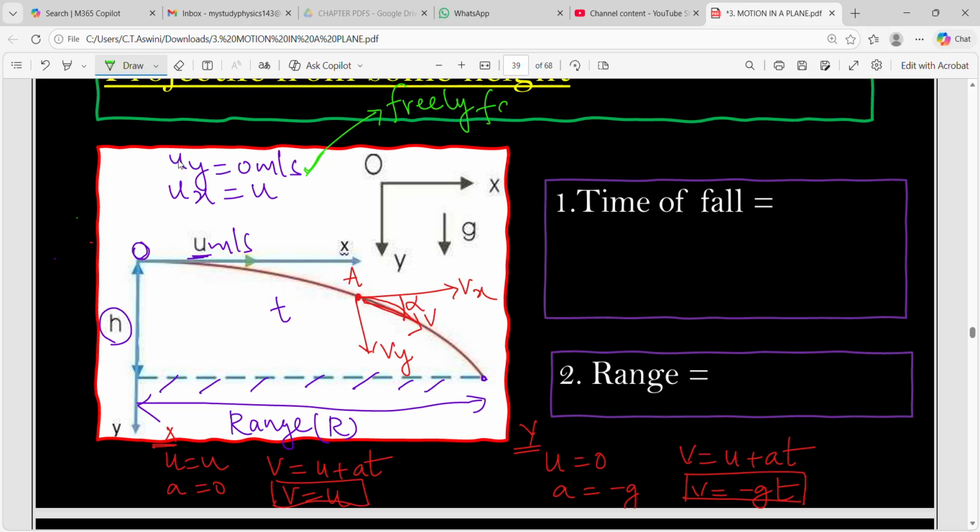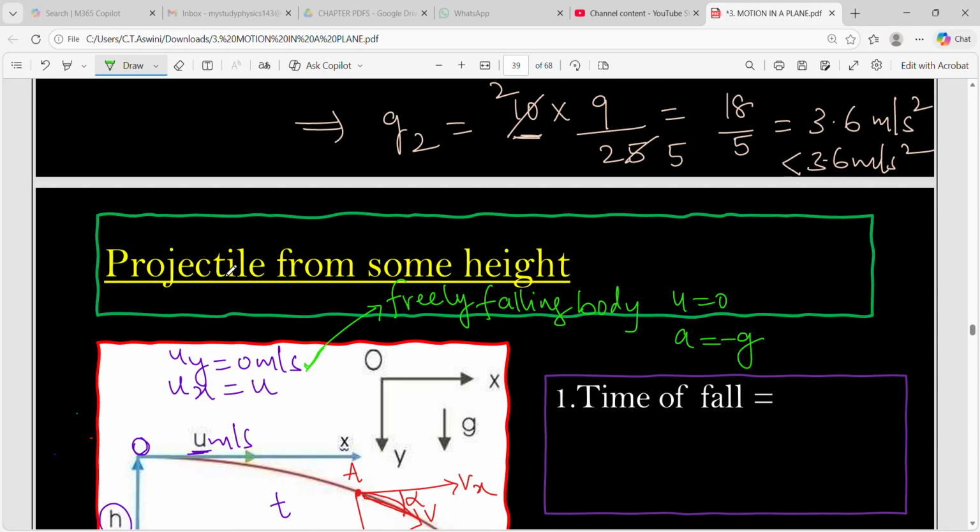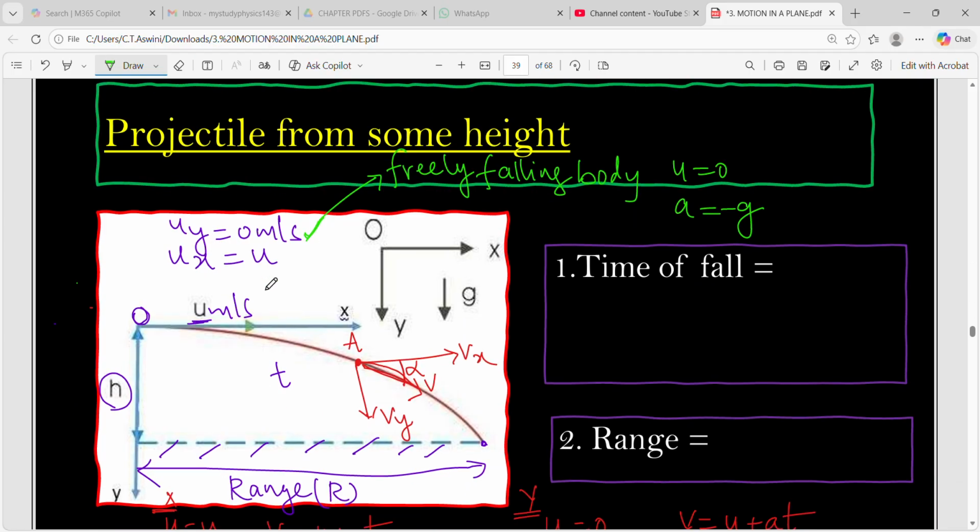In the case of a freely falling body also, the initial velocity is 0 and acceleration is minus g. Yes or no? Yes, right? So you can consider this projectile from some height similar to a freely falling body. If you make this assumption, it's very easy for you.